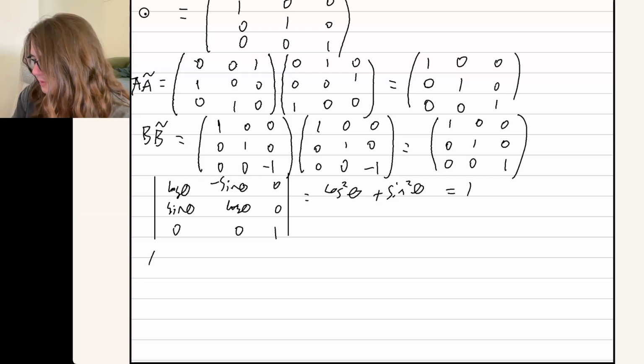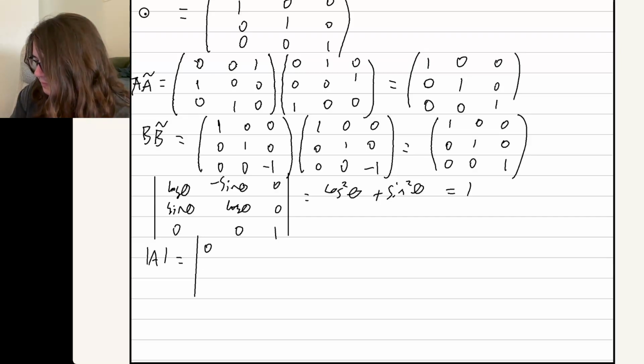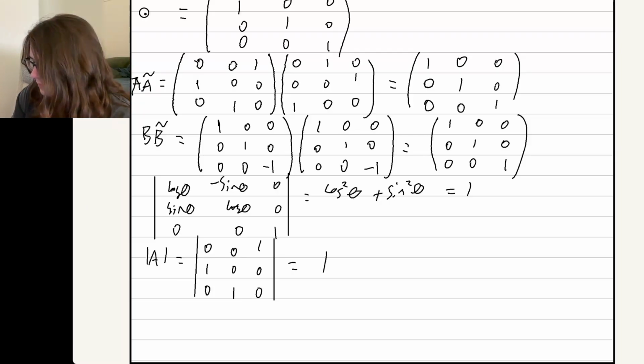The determinant of the matrix A looks like the determinant of 0, 1, 0, 0, 0, 1, 1, 0, 0. So it's just 1. Beautiful.